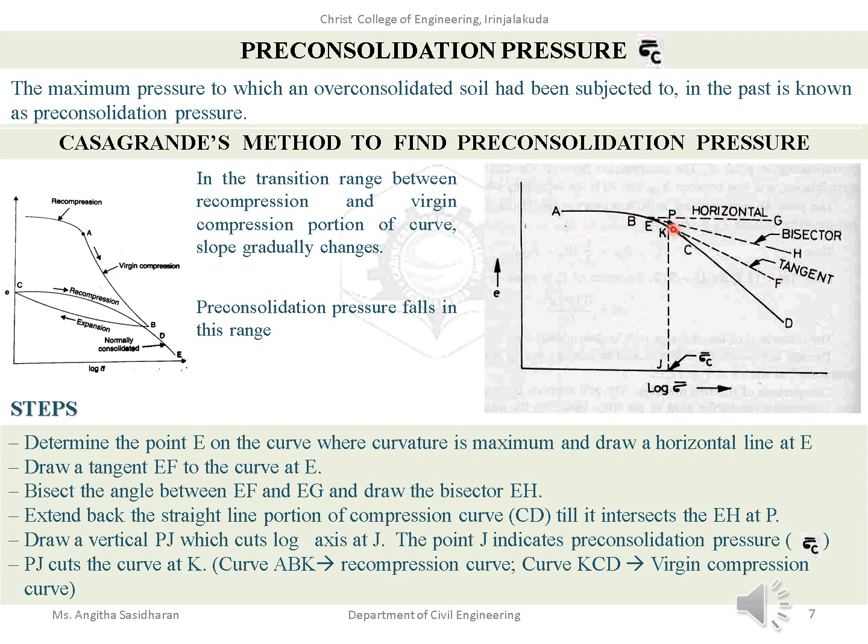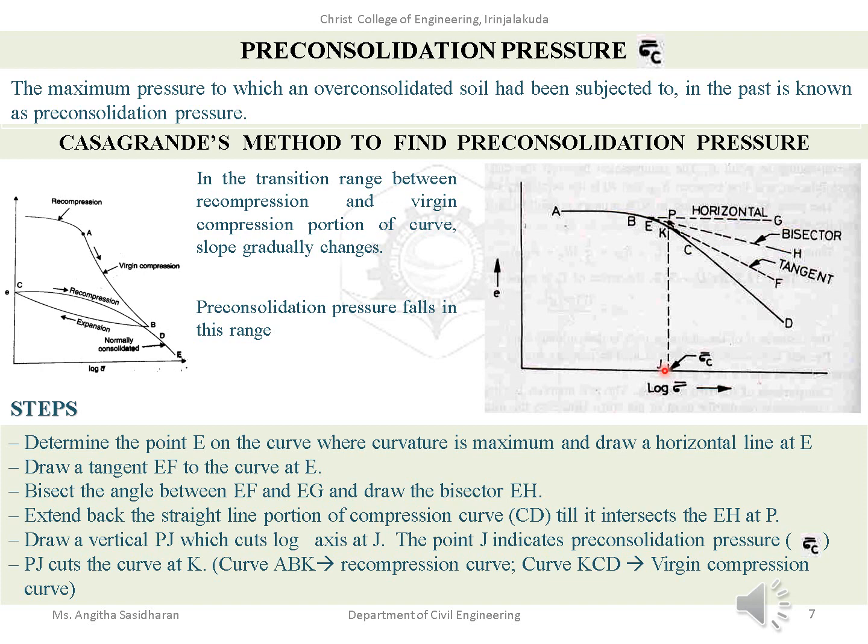Extend this line backward to meet the bisector at the point P. Now from the point P, just drop a vertical PJ, and it cuts the log axis at the point J. So the point J indicates the pre-consolidation pressure.